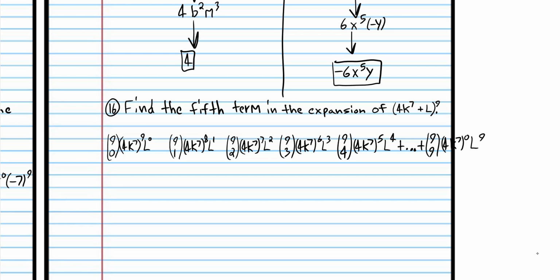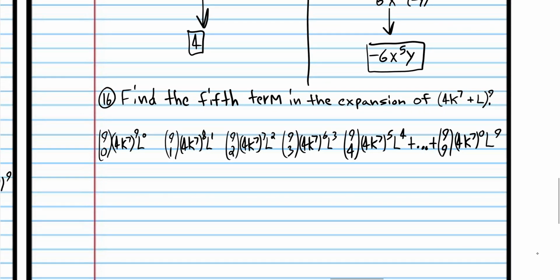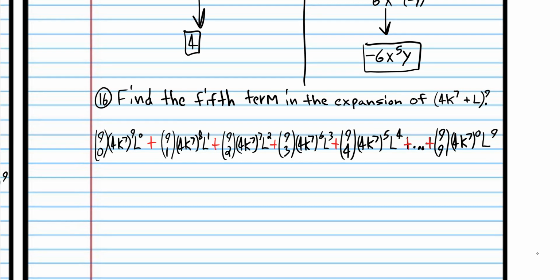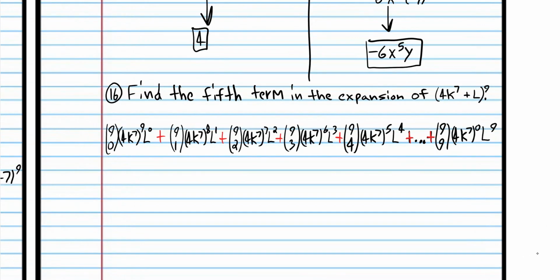So let's find a little more room. And we need plus signs in between. I'm going to use a different color for the plus sign so we can differentiate. And let's double check everything. So we're interested in this term here. We want to find that term.